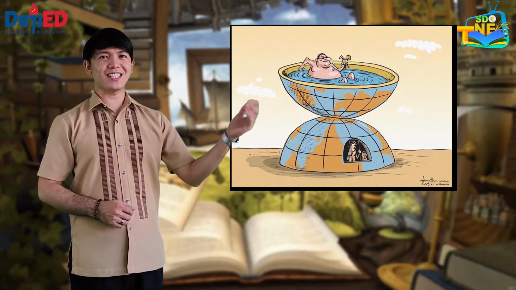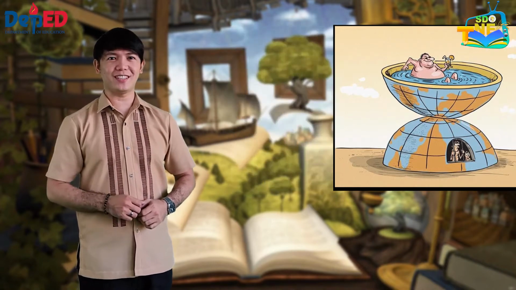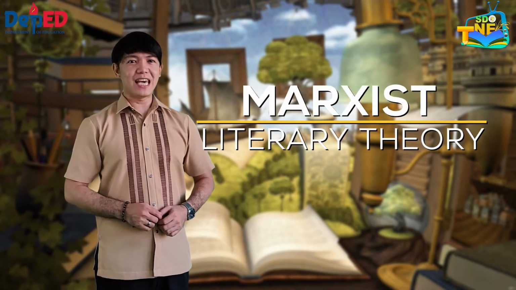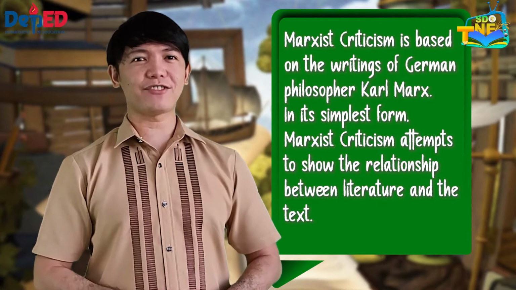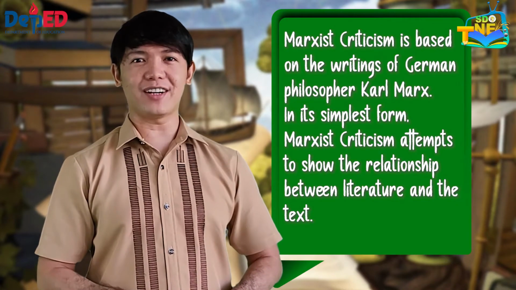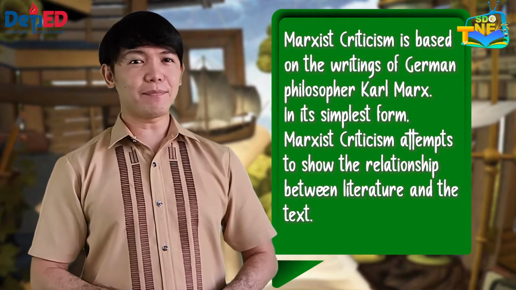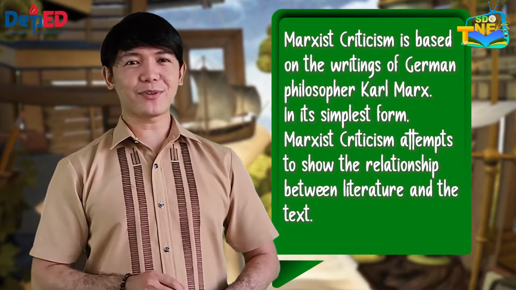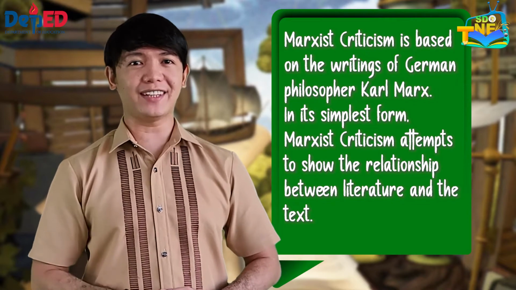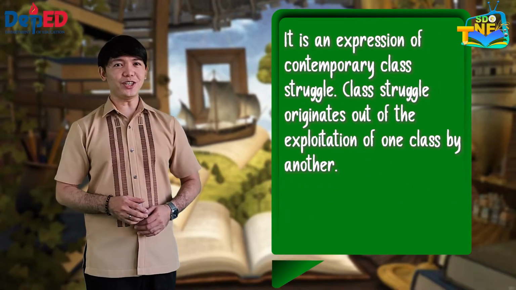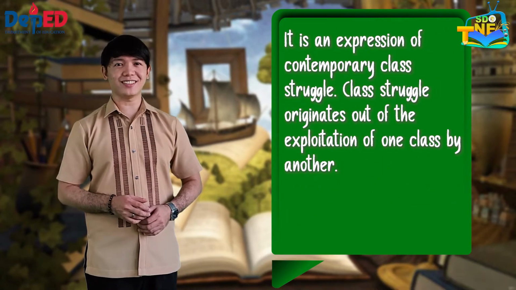This picture is related to our lesson for today. One of the approaches of literary criticism is the Marxist literary theory. Marxist criticism is based on the writings of German philosopher Karl Marx. In its simplest form, Marxist criticism attempts to show the relationship between literature and the text. It is an expression of contemporary class struggle.